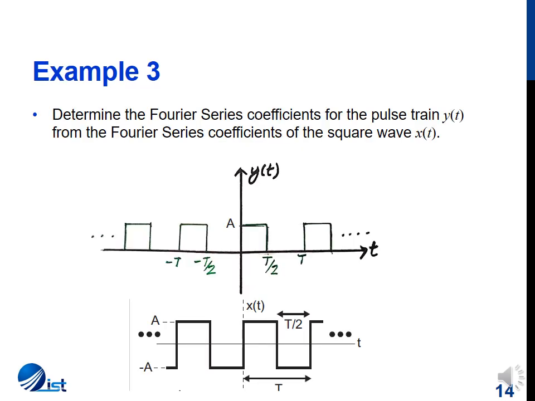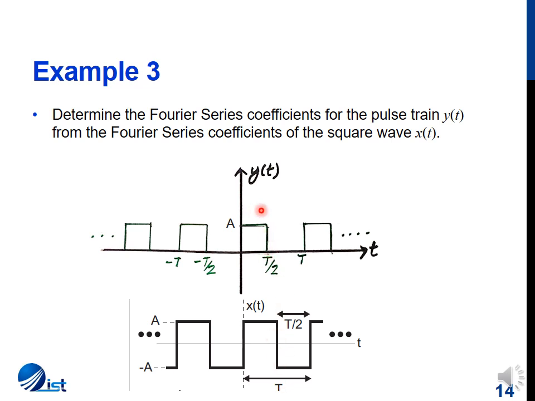So to illustrate the amplitude shifting property, let's look at the waveform given as y of t. We have to determine the Fourier series coefficients for this waveform using the Fourier series coefficients of the rectangular wave x of t.